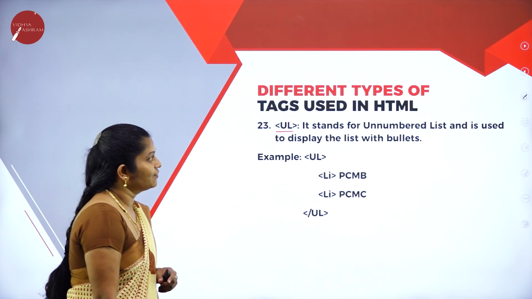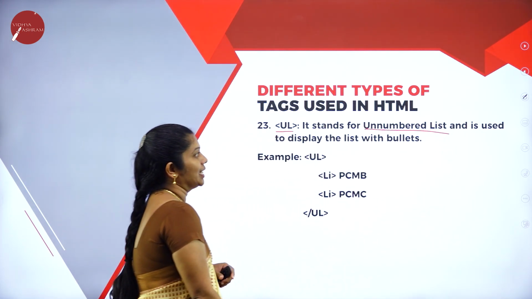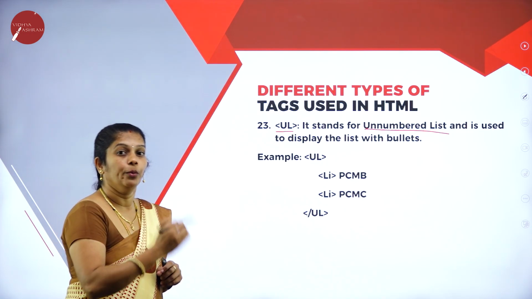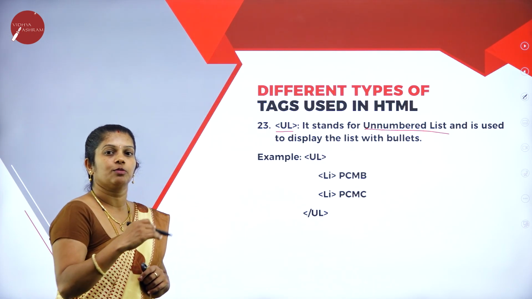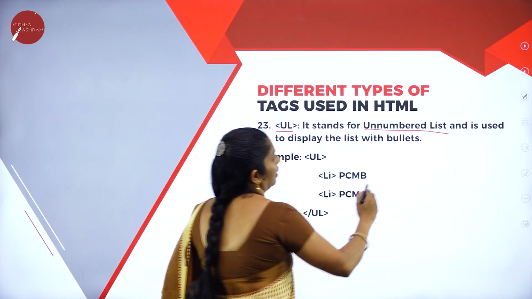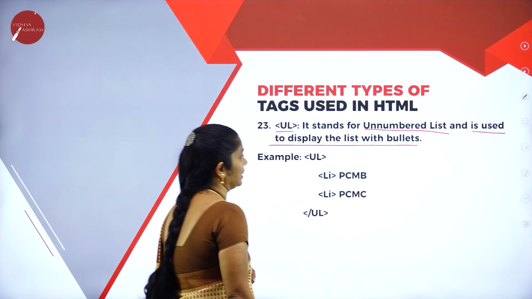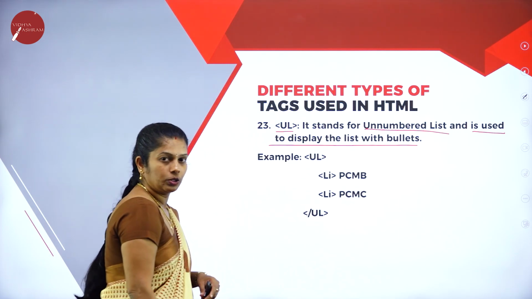UL stands for unnumbered list. When you want to display the data with some bullets, then we use this UL tag. It helps to display the data with some bullets, and it is mainly used to display a list with bullets. For example, here you will write UL, then we close UL.